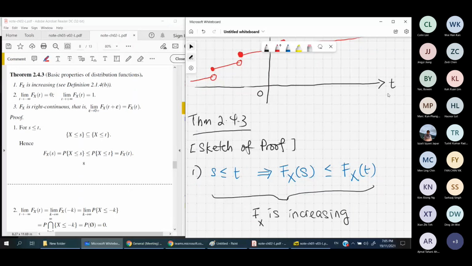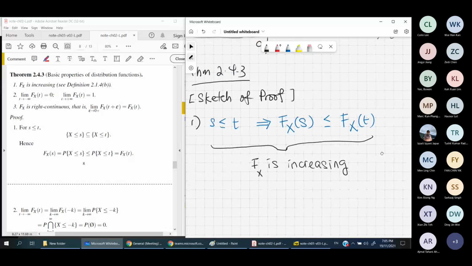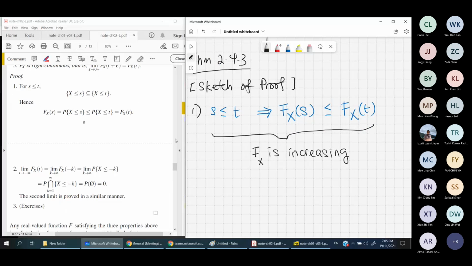Next, the limit things. This one I will just look at one of them, and the other one you can do similarly. So we look at number 2. The limit as t goes to minus infinity of F_X(t) is equivalent to considering the limit as k goes to infinity of F_X(-k), where k is an integer.